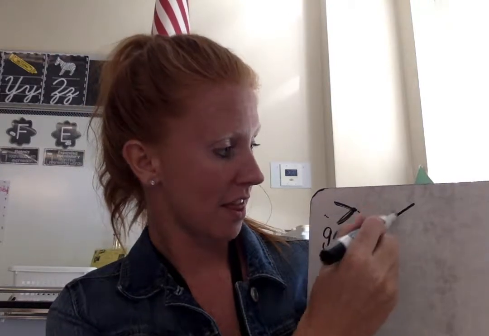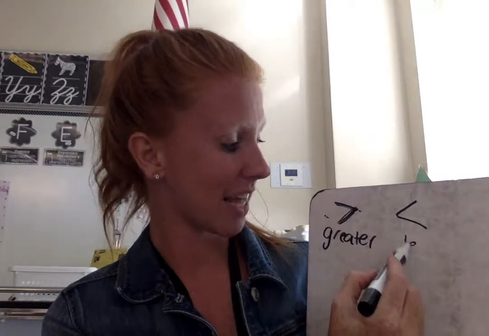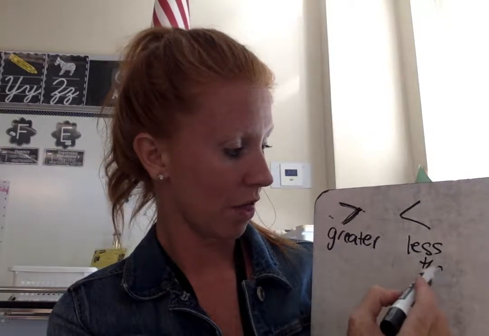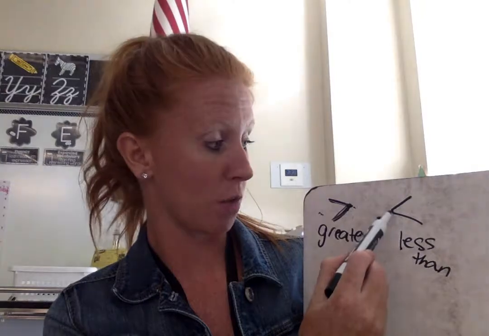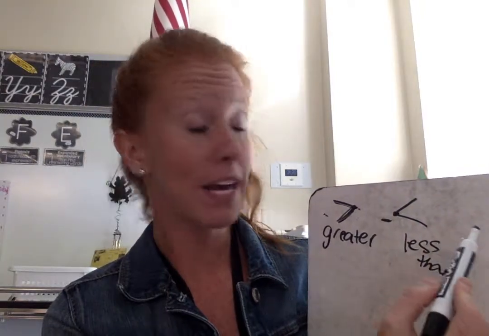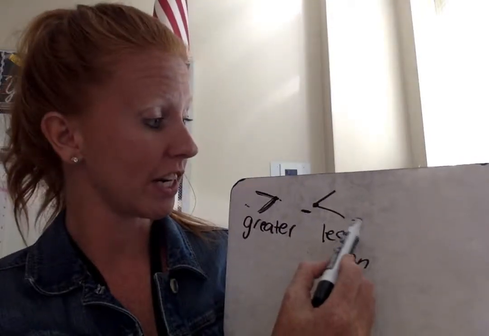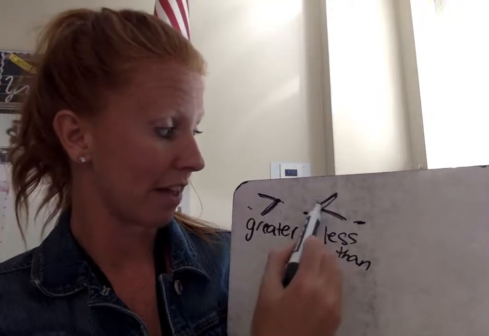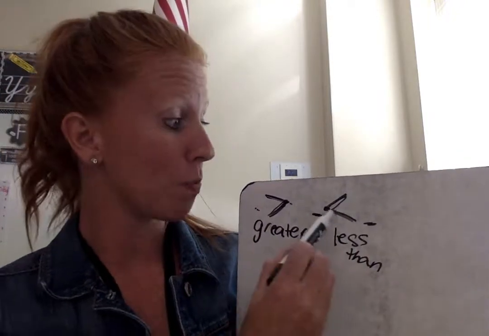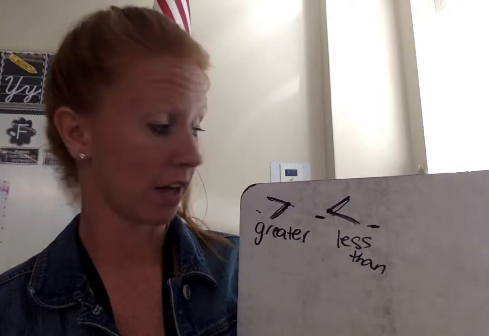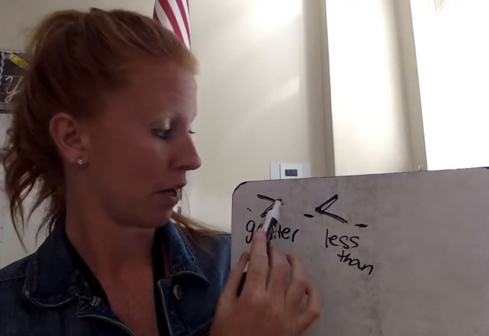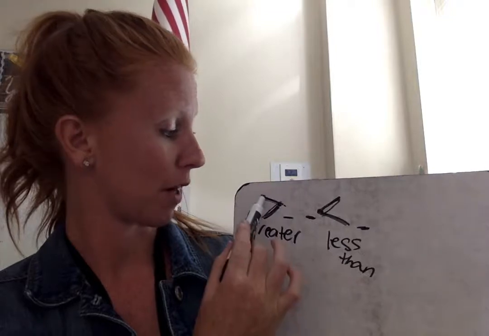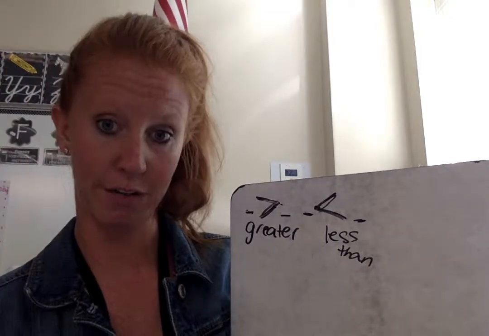So if we switch it, this is going to be less than. The number that is smaller goes over here, small side. The number that is bigger is going to go over here on the big side, the opening. Think of it like an alligator opening to eat the bigger number. Big side, bigger number, small side, smaller number, okay?